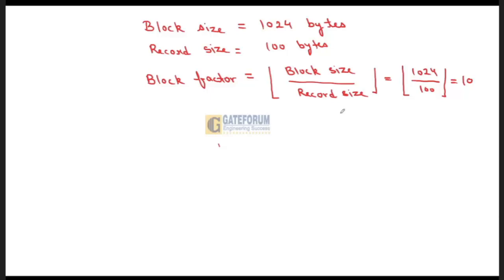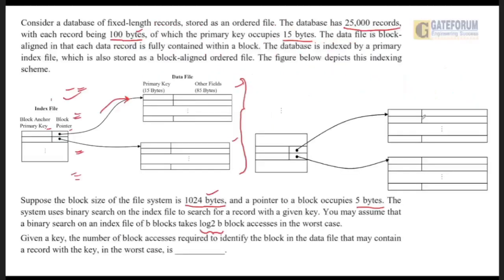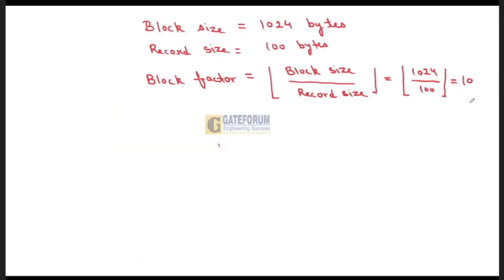Okay. Now in one block total 10 records can come. So if you see how many records total are there, 25,000 records, right? In one block 10 records can come. It means how many blocks will be required for data? Number of blocks for storing data.